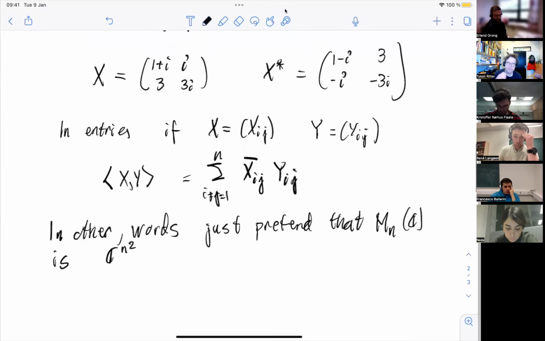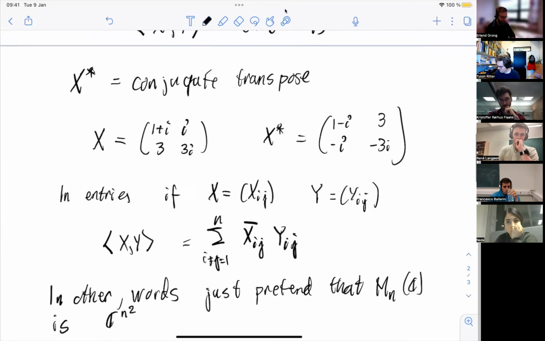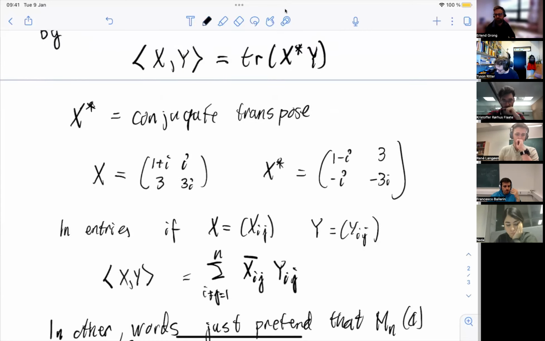So if you just took a normal inner product on each entry, that will be the same as this inner product here. We have these two forms because sometimes it's easier to prove things with one, and sometimes it's easier to prove things with the other form.